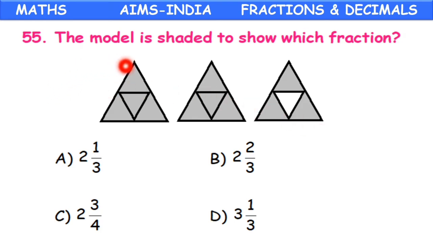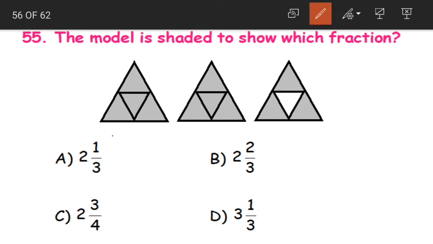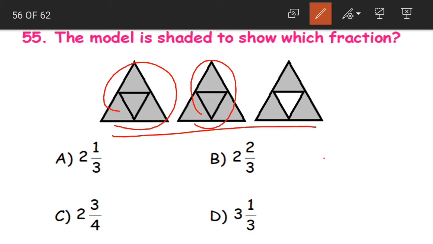Next, question number 55. The model is shaded to show which fraction? Now this model is shaded to show which fraction, children? What does this represent? We are having two fully shaded models. Two fully shaded models, so it becomes the whole number 2. And in the third model, what is the fraction of shaded parts here? 1, 2, 3.